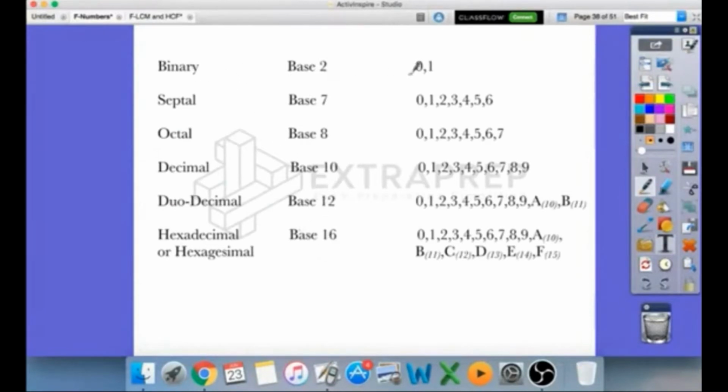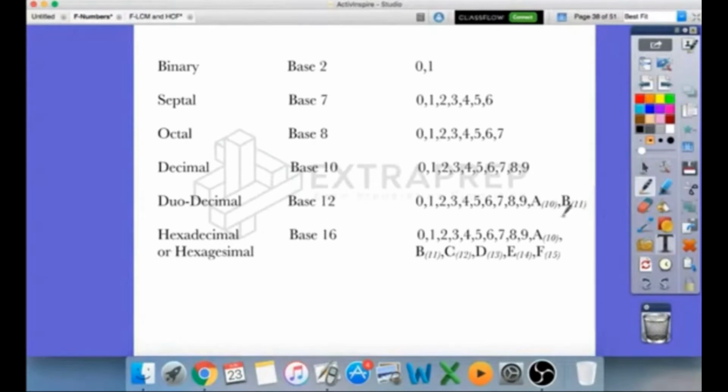Binary is base 2, zeros and ones are used. Septal is base 7, 0 to 6, 7 digits are being used. Octal is base 8, 0 to 7 are being used. In base 8, you do not have 8. Decimal system is from 0 to 9, base 10. Duodecimal is base 12. You use 0 to 9, that's 10 digits, and A, B. A's value is 10 and B's value is 11.